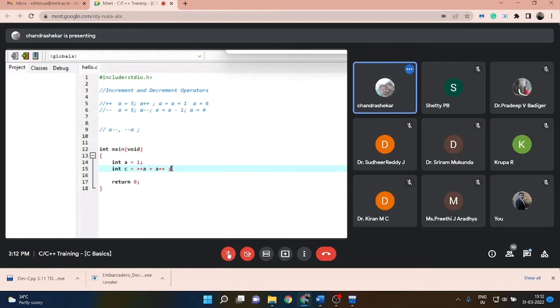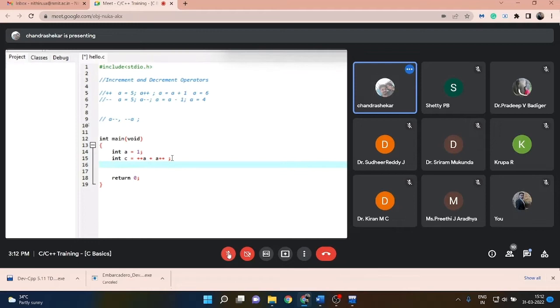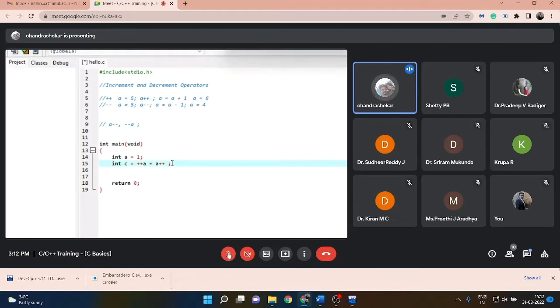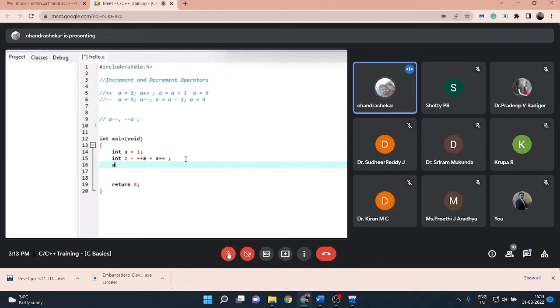The code executes sequentially, one by one. So in line number 15 itself, the value gets assigned after executing the line.